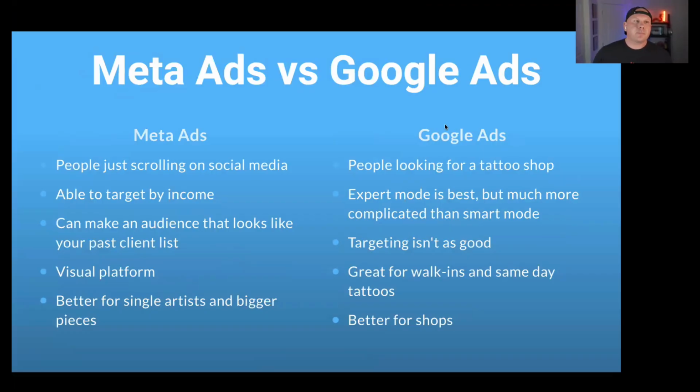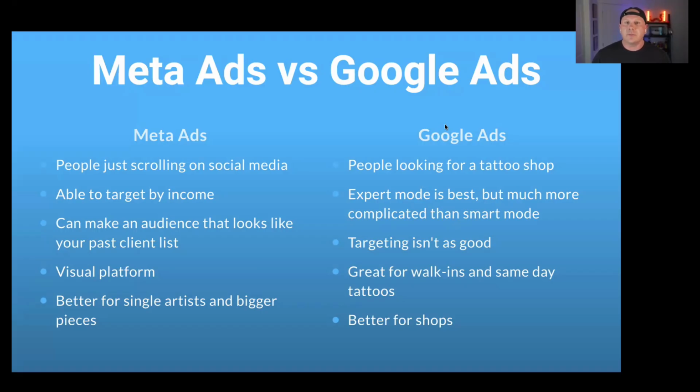Meta ads, the biggest issue with it, which is obvious, is people just scrolling on their phone. The AI intelligence of Meta has gotten better about actually figuring out who's looking to get tattooed, but at the end of the day it is still people just scrolling on their phone, which is the biggest downside of Meta ads. The good part is you can target people by how much money they make.